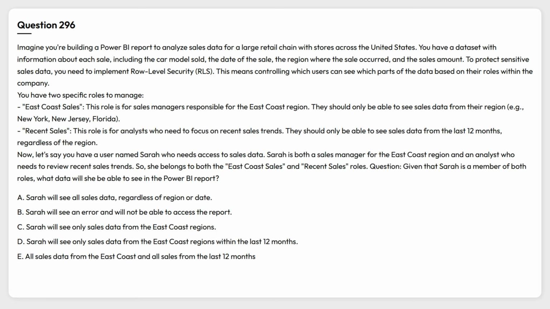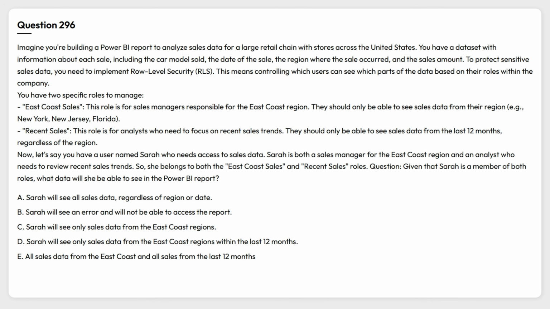To protect sensitive sales data, you need to implement row-level security, RLS. This means controlling which users can see which parts of the data based on the roles within the company.